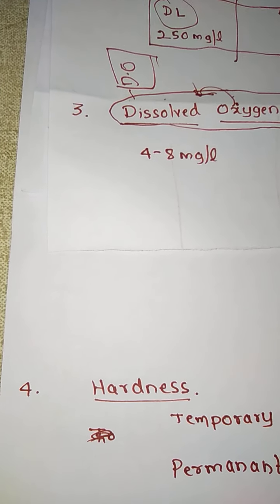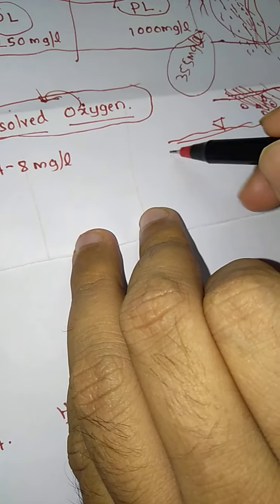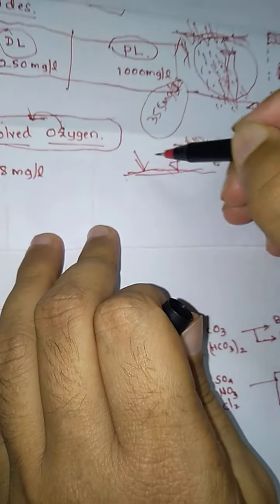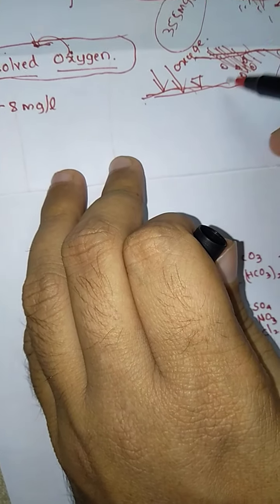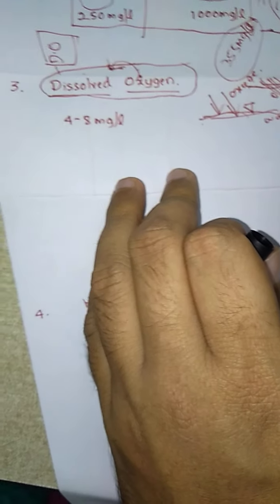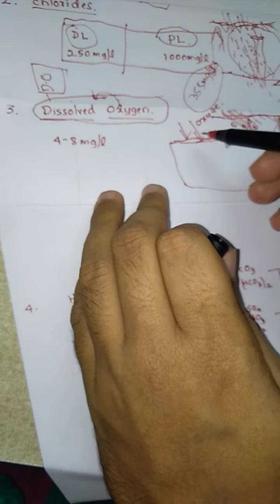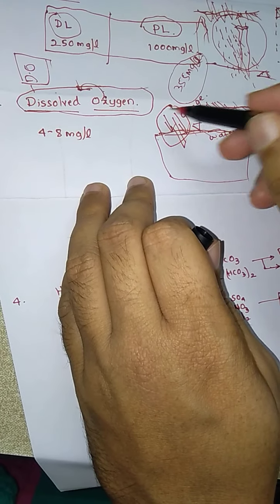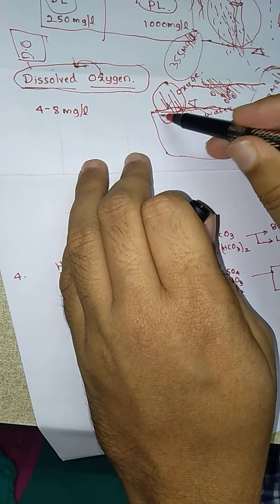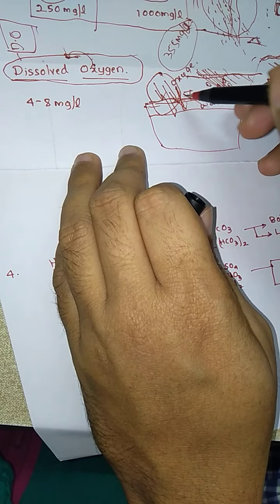Now if we take the water surface, the oxygen is going to enter from the atmosphere into the top surface of the water. If this is the depth of the water, since the atmosphere has oxygen, at the top surface there is more DO.